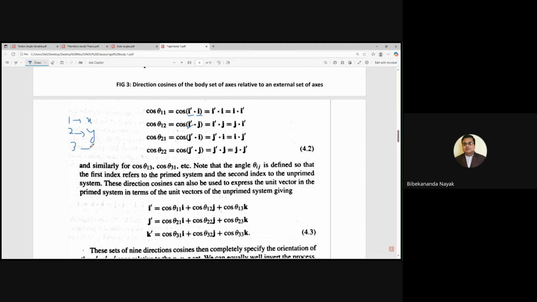Actually we write x1 means x, x2 means y, x3 means z. In this way, so 2 1 means j i angle.